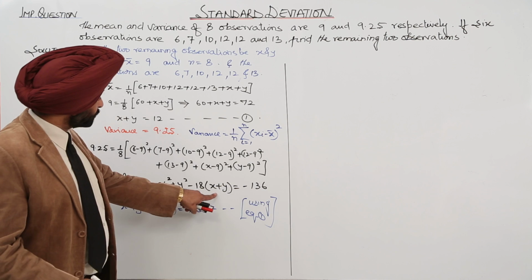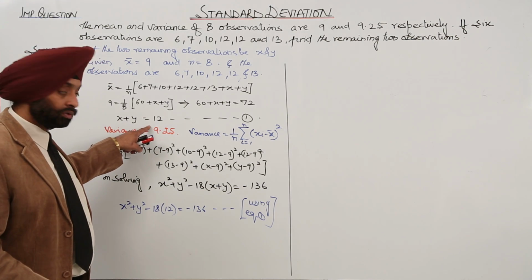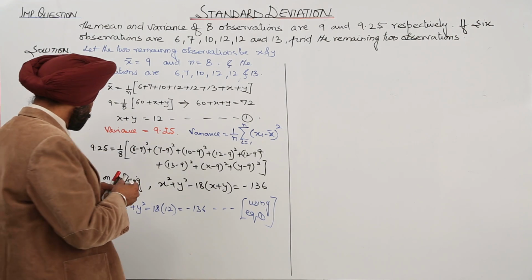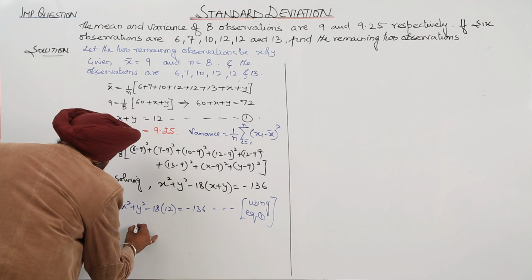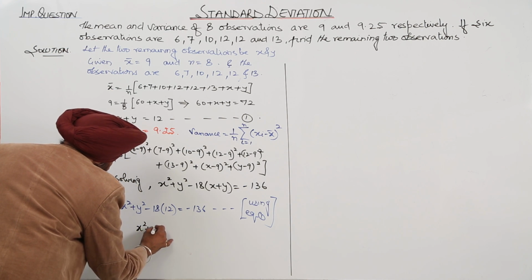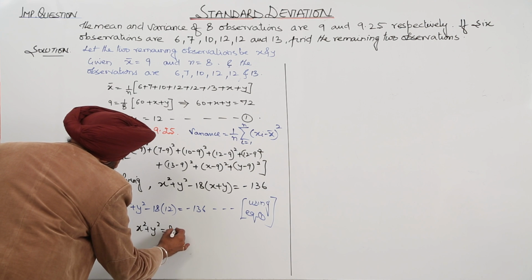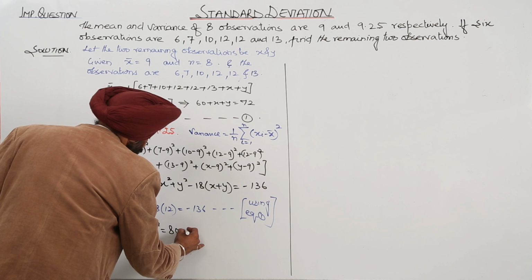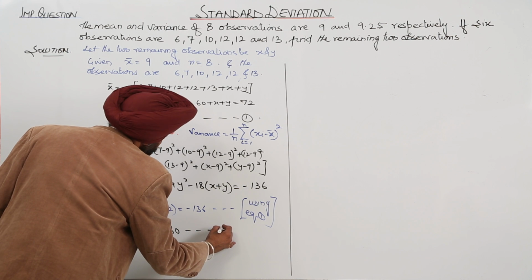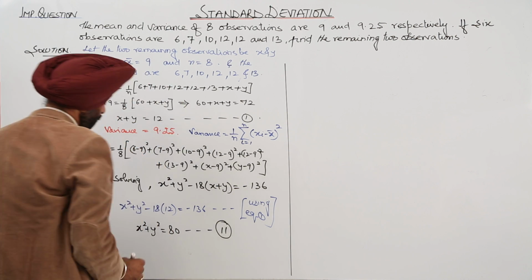Now in place of x plus y I have put here 12. Okay, so now we will be having x square plus y square is equal to 80. Okay, so let this be equation number 2.